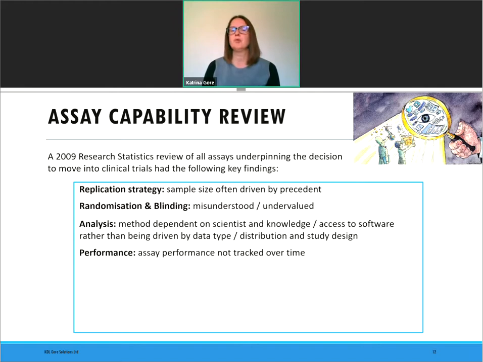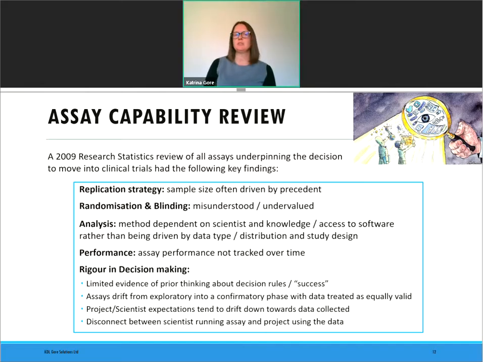Assays weren't routinely tracked over time. This is more important with in vitro assays, where quite often in a project you are evaluating new compounds today and comparing their results to compounds that you created and assayed maybe 2-3 months ago.